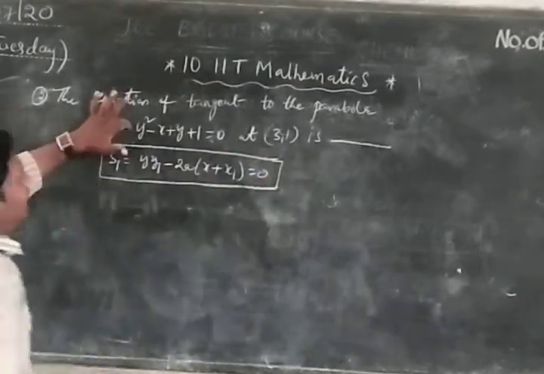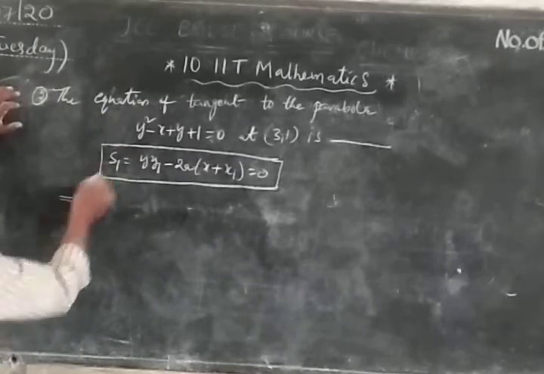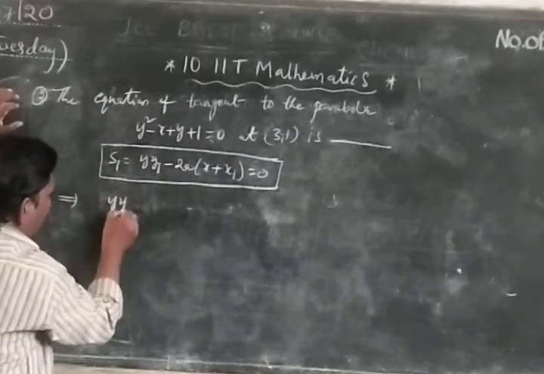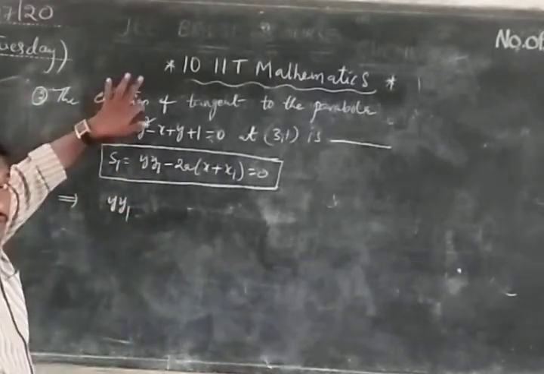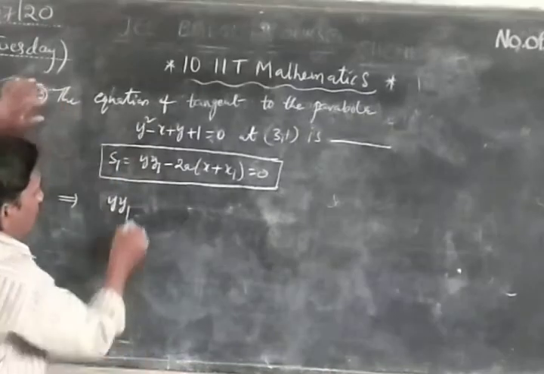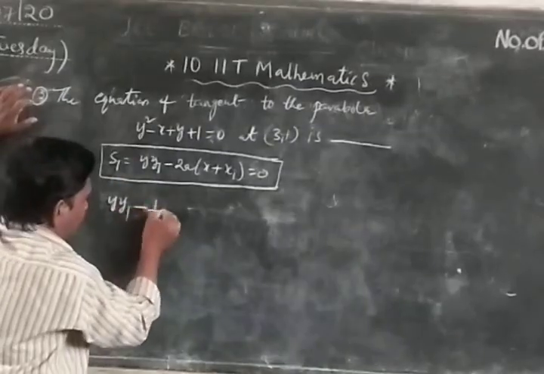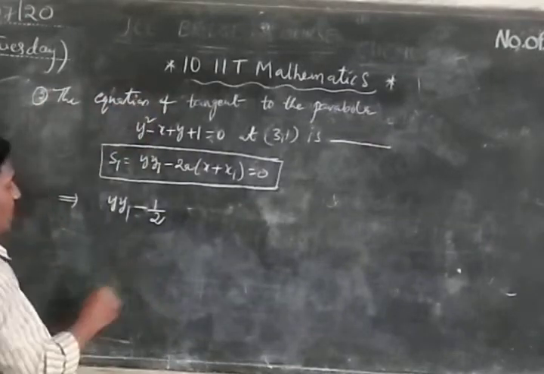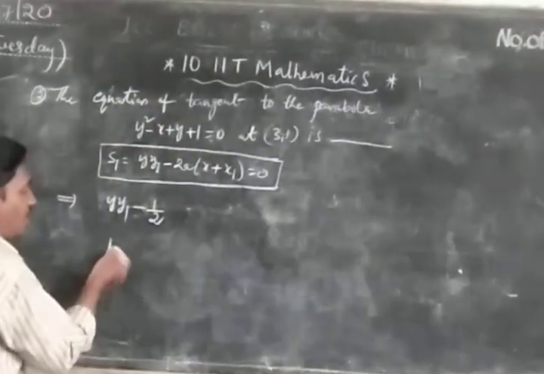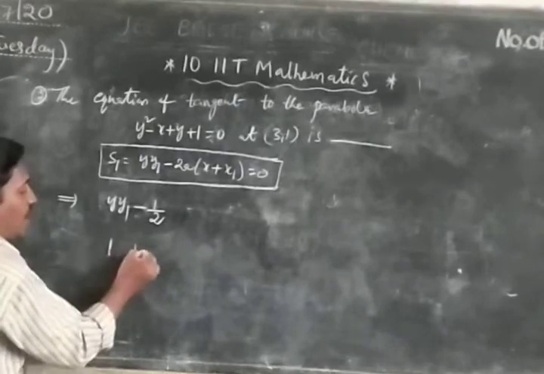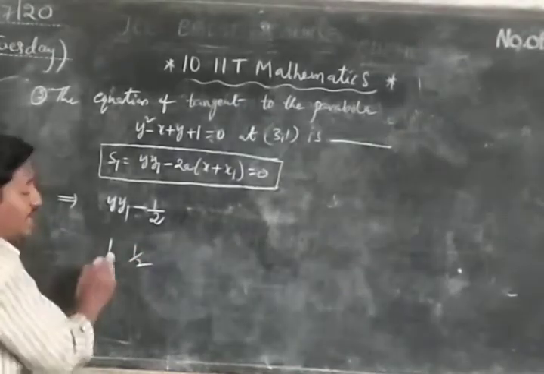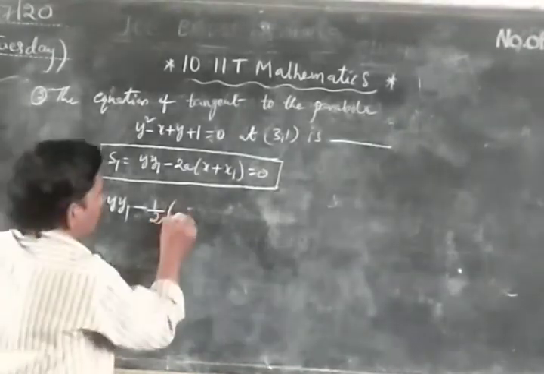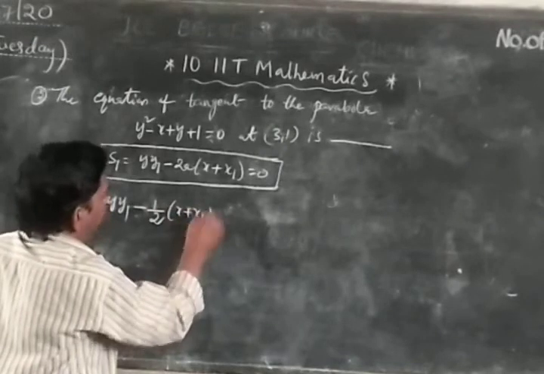Take y square, which is written as y y1. Minus half: what is the coefficient of x? 1. Half of 1 means 1 by 2. Half of 1 means 1 by 2, so 1 by 2 into x plus x1.